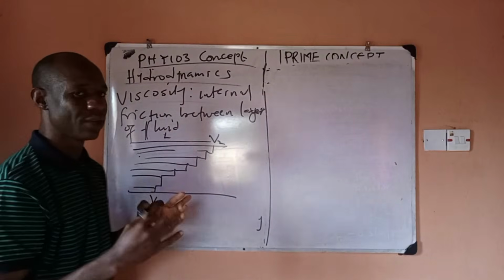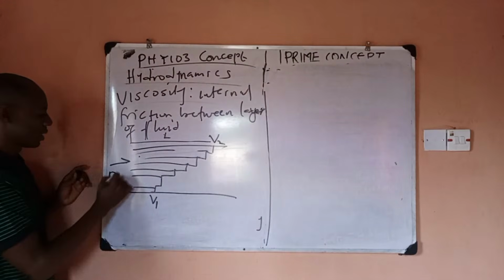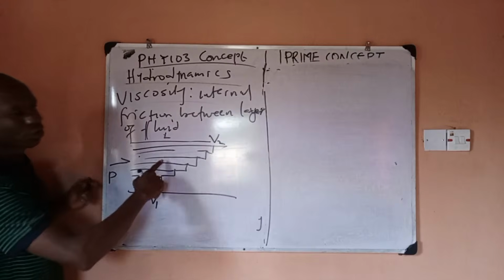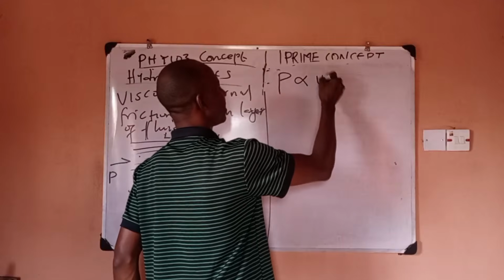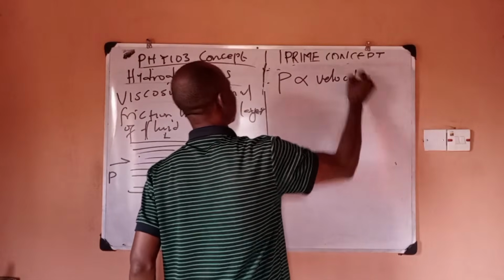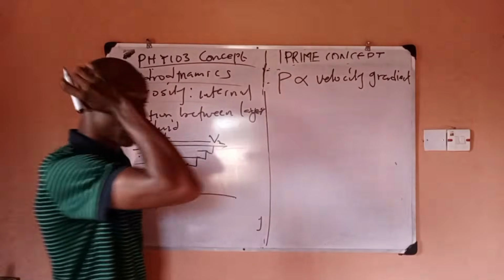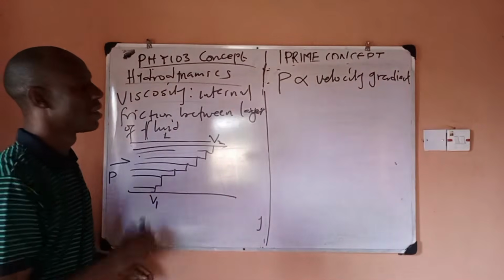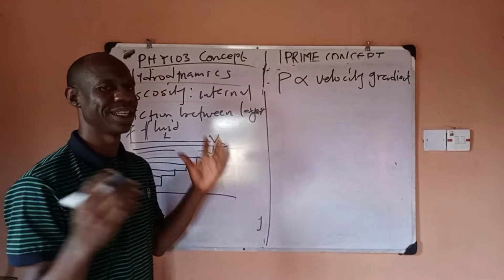So very easily, without stressing your brain, the pressure that causes this fluid to flow is proportional to velocity gradient. Pressure is proportional to velocity what? Gradient. What is velocity gradient? It is change in velocity with the length.